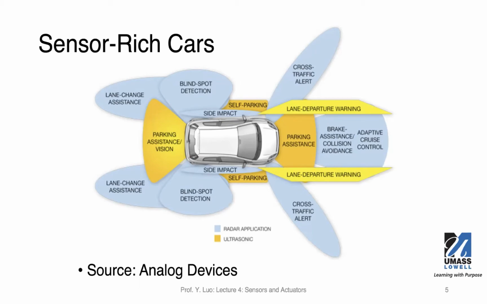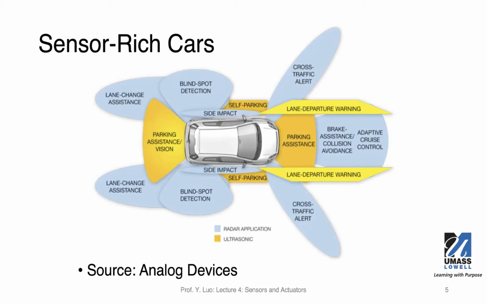It's important that we use these sensors to understand the physical surroundings, the distance between cars and between obstacles, between pedestrians and cars. So those are what we need to understand when we design and implement these subsystems in these modern cars.